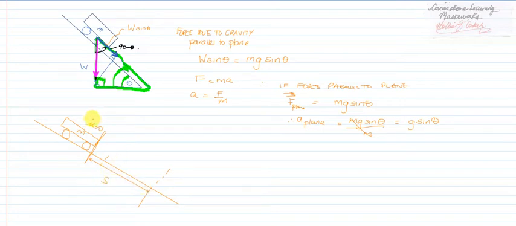The object is at rest initially here, and we're going to release the object from here. We're going to put a mark on the track somewhere here, so that when this is released from rest, we'll start a stopwatch, and when it passes that point, we're going to stop our stopwatch.